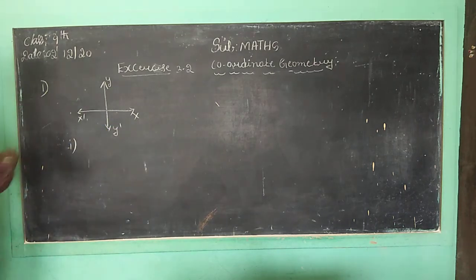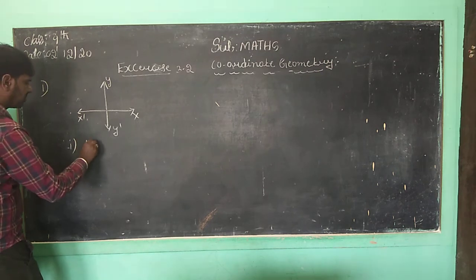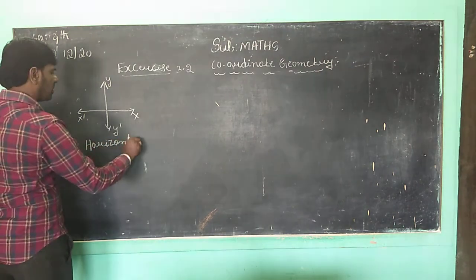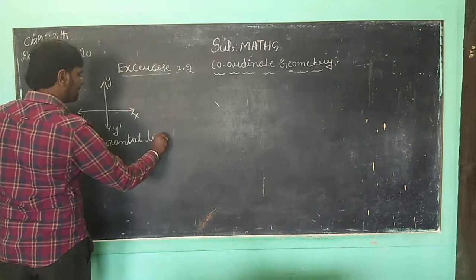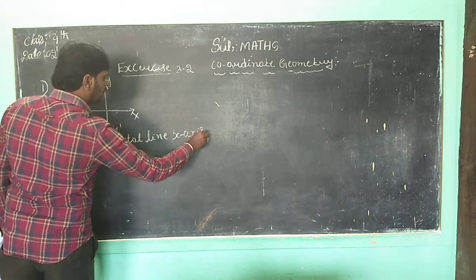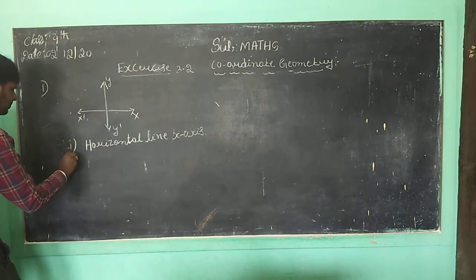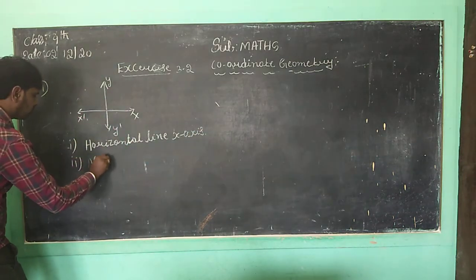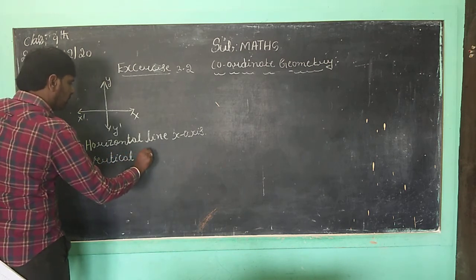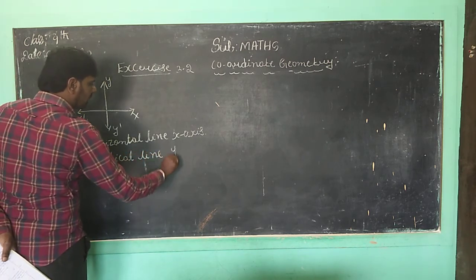Horizontal line is called as x axis. Horizontal line is called what is, children? X axis. And vertical line is y axis.